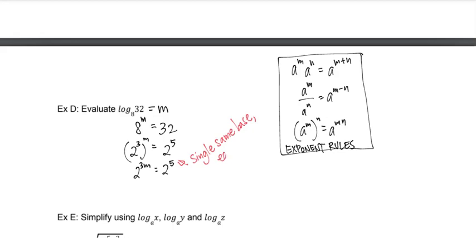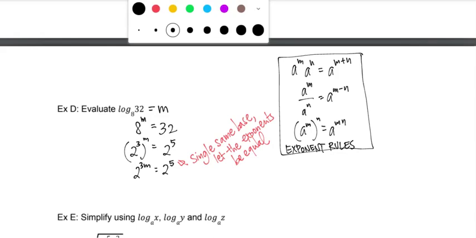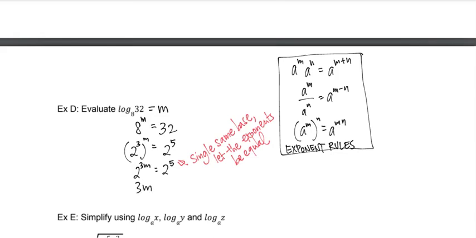You can equate, or I'm going to say let the exponents be equal. That means the same thing. Equate the exponents. Let the exponents be equal. Just write it in more simple language. So 3m is equal to 5. So m is equal to 5 over 3. And that's it.